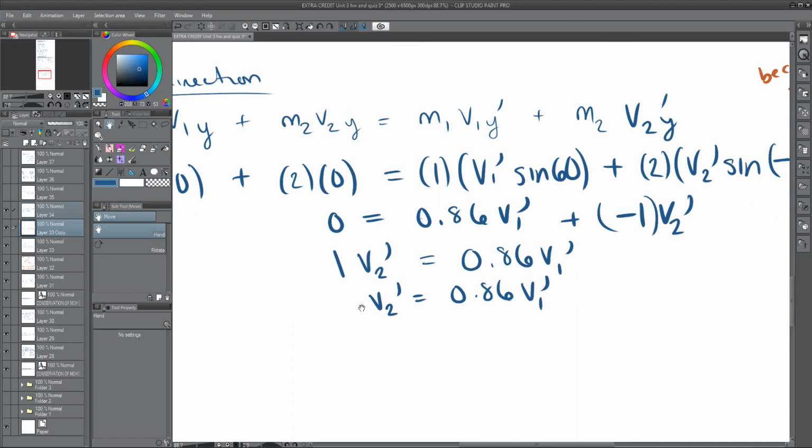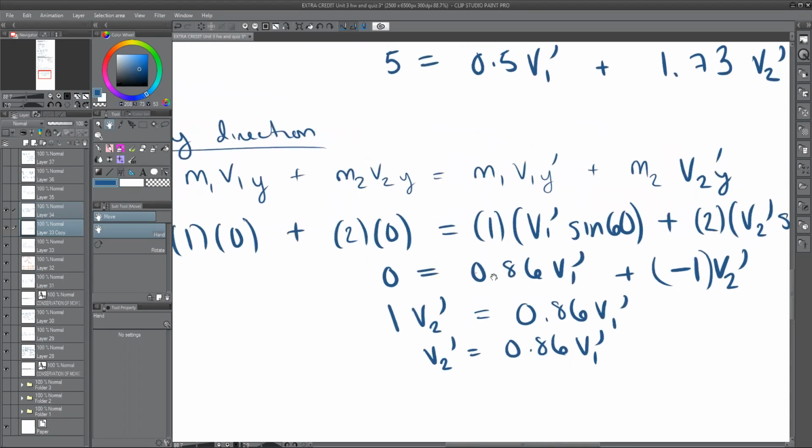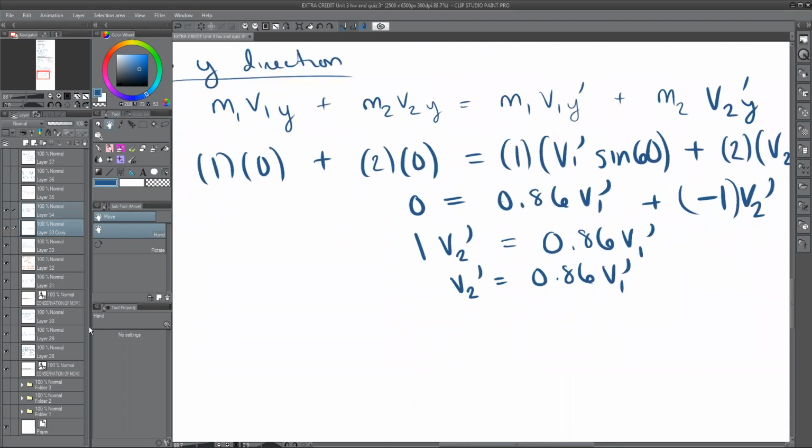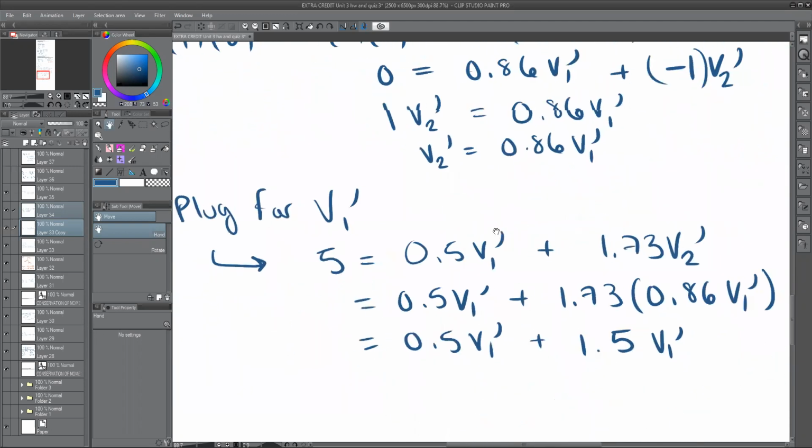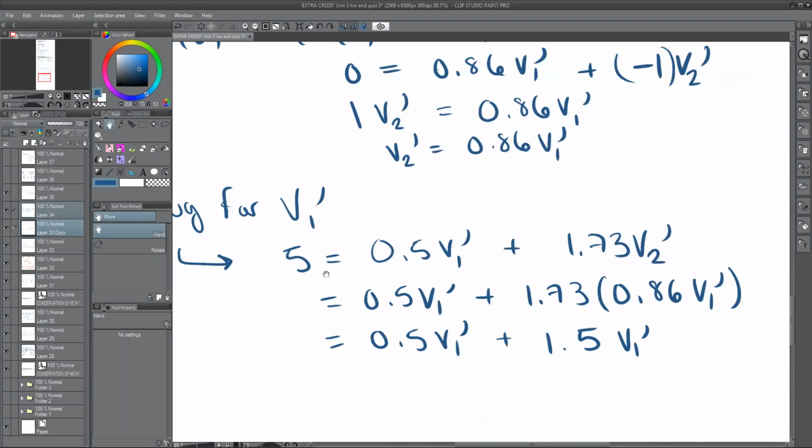So we can plug in this V2 final for the equation that we just got while trying to find the x direction. So you plug in for V1 final. So in this original equation that we got, we have this value of V2 final.